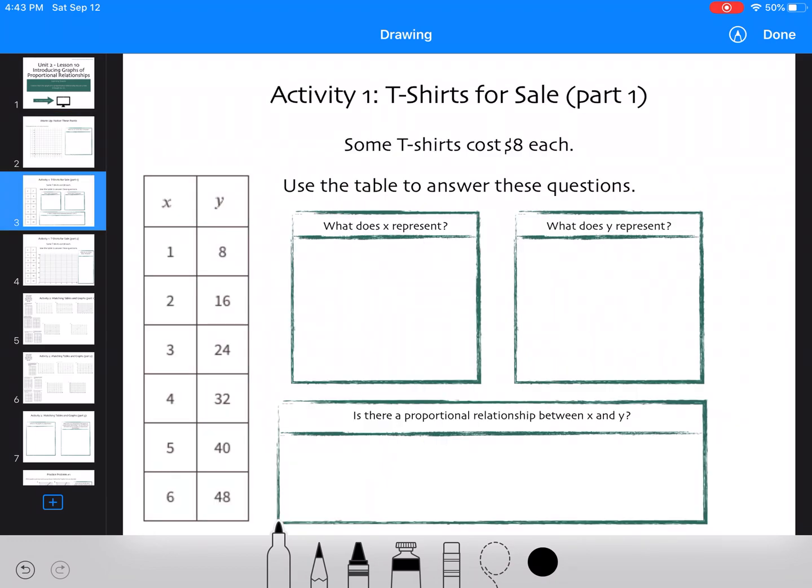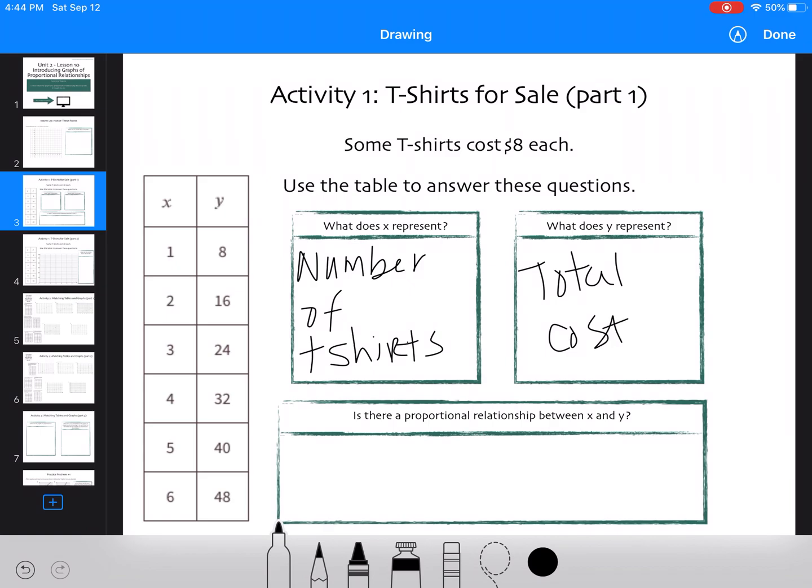All right, so some t-shirts cost $8 each. Use the table to answer these questions. What does X represent? So that would represent the number of t-shirts. What does Y represent? The total cost.